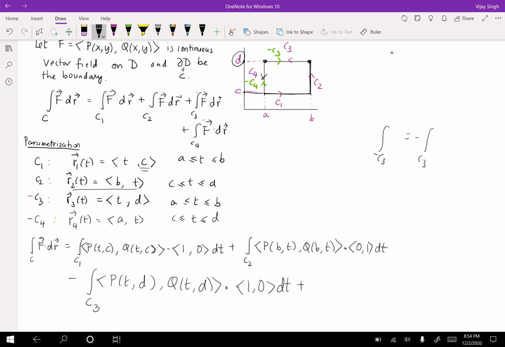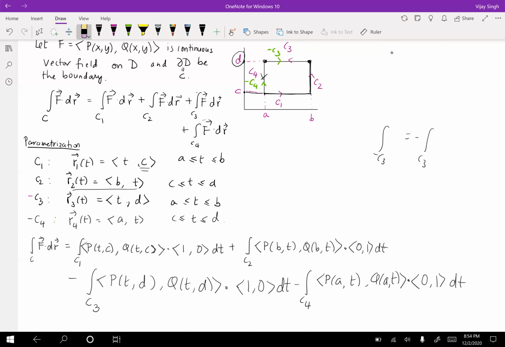And the last one, again with the minus sign, for the same reason, because we are going the other way around, minus C3, C4, my bad. In that case, the parameterization is P of (A,T), Q of (A,T), then dr4 of T is going to be (0, 1) dt. These are dot products here. Okay. Now note that I could have already written now.